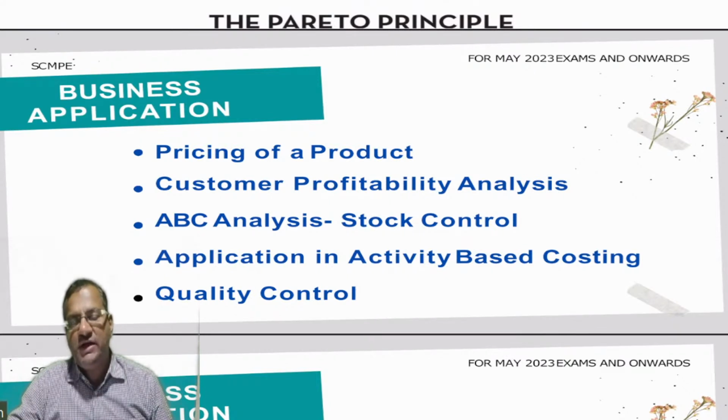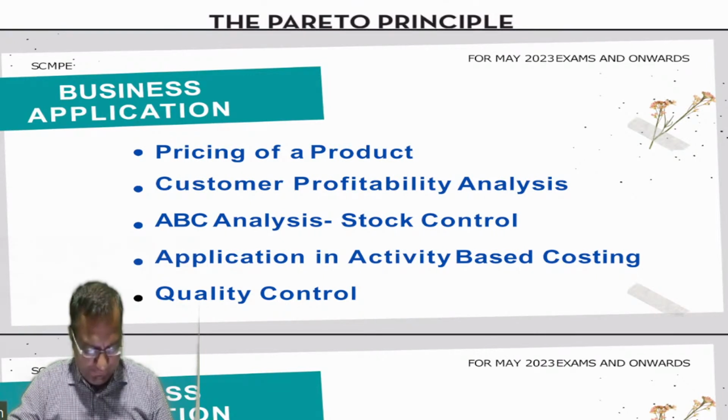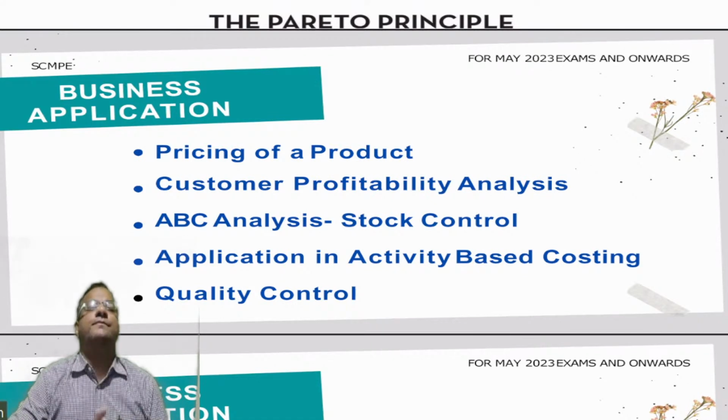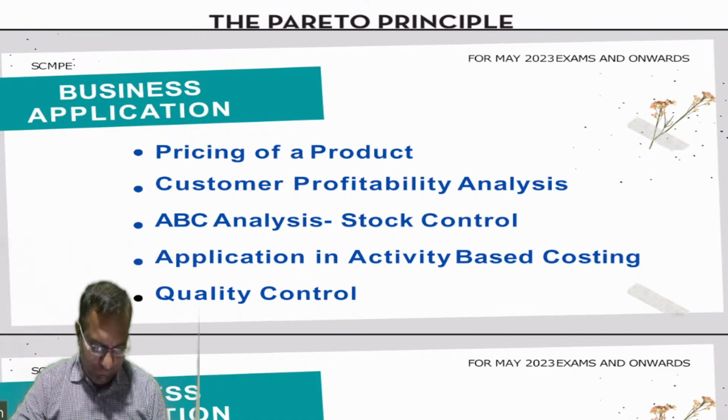Next, application in activity-based costing. And the last point is quality control. Clear, beta? These are the minimum and maximum 5 business applications for CA Final students.